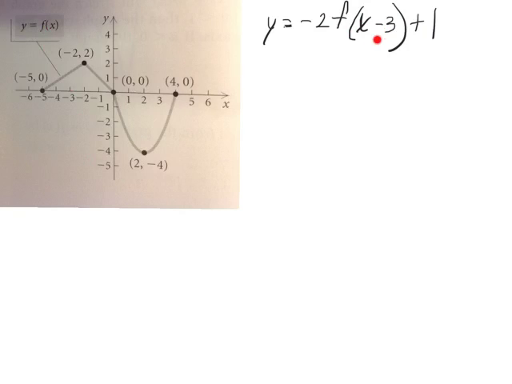That -3, according to page 161, horizontal translation says that if this number here is subtracted, we're going to shift to the right that many units. So I'm going to move this whole graph to the right 3 units.